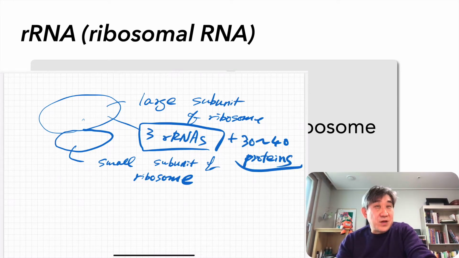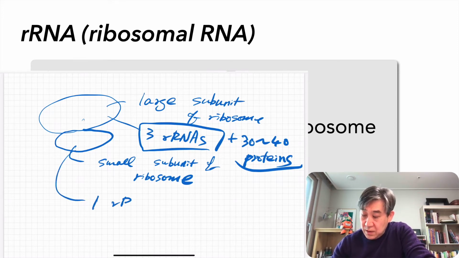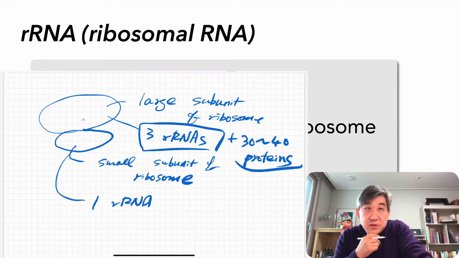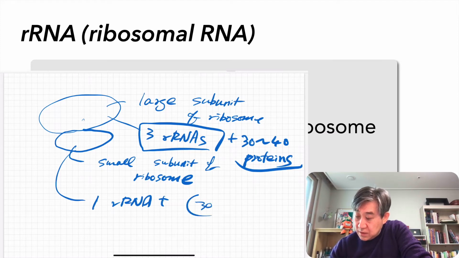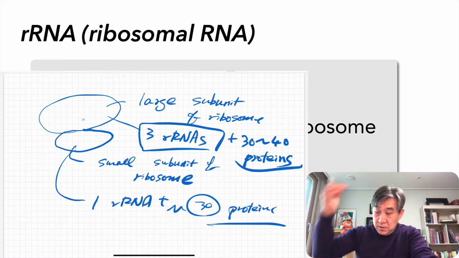collectively called ribosomal proteins. And in the case of a small subunit, there is one ribosomal RNA different from the three previously mentioned, plus another set of different proteins. So that's how the ribosome is assembled.